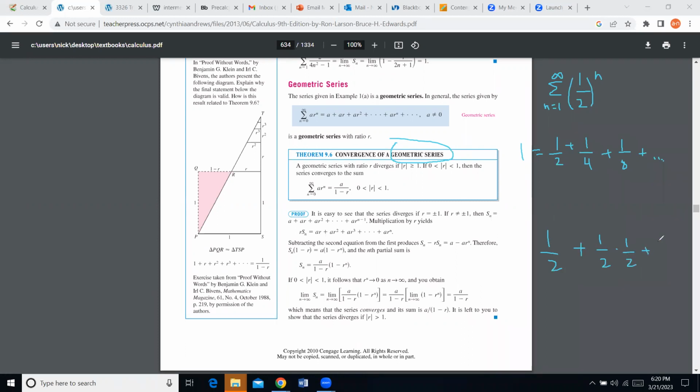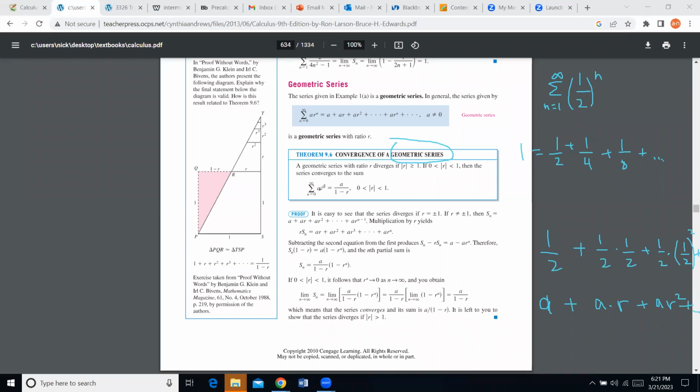And then the next term you produce is that same first term, but multiplied again by 1/2, or you can say by 1/2 squared, and then by 1/2 cubed. So people say the first term is a, and then a times the ratio r, and then a times ratio r squared, dot, dot, dot.